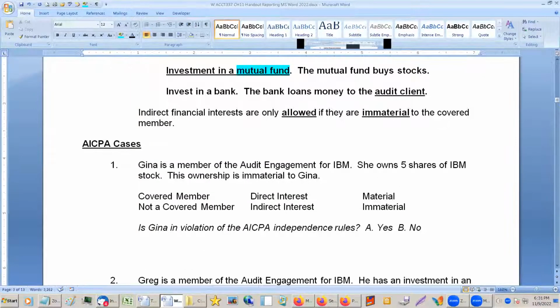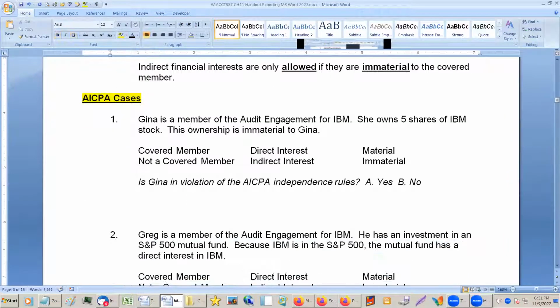Okay, so let's take a look at the AICPA cases. Gina is a member of the audit engagement for IBM. She owns 5 shares of IBM stock. The ownership is immaterial to Gina. Is Gina a covered member?